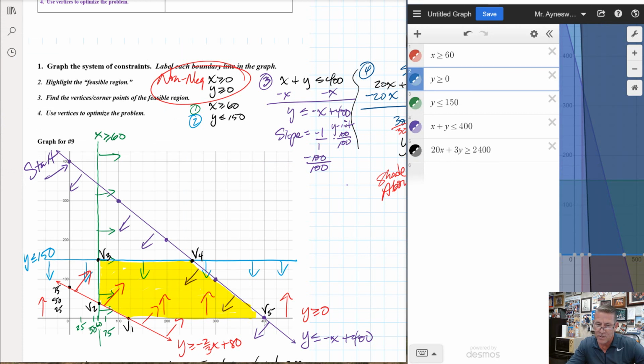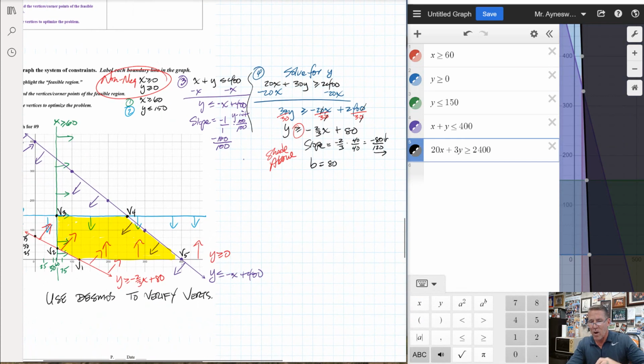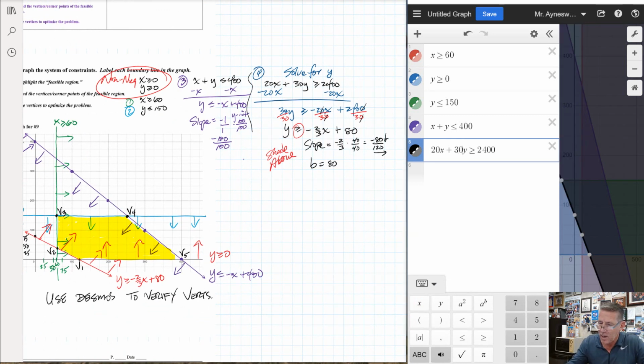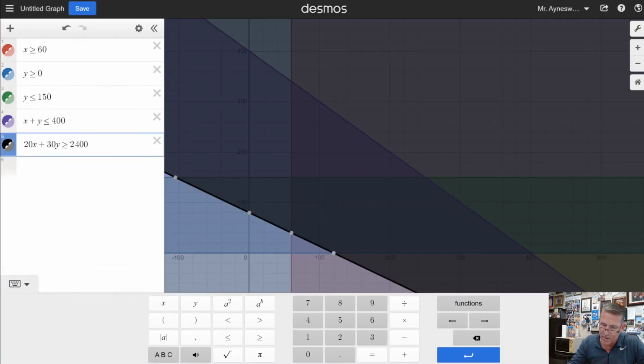X greater than 60, y less than 150. Oh, right here. I put 3y, not 30y. See, that's why you always check your work, people, because even I make mistakes once in a while. In fact, I make them all the time. All right, so I fixed the function there. Let me go back to the graph, and let's see if this all makes more sense.